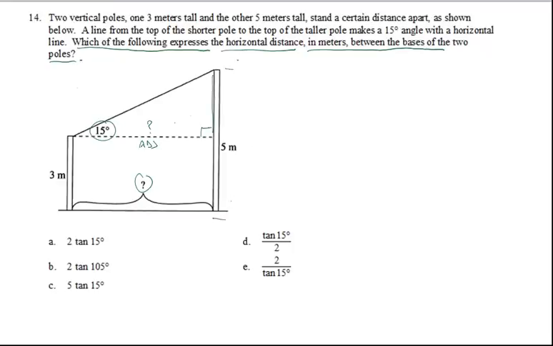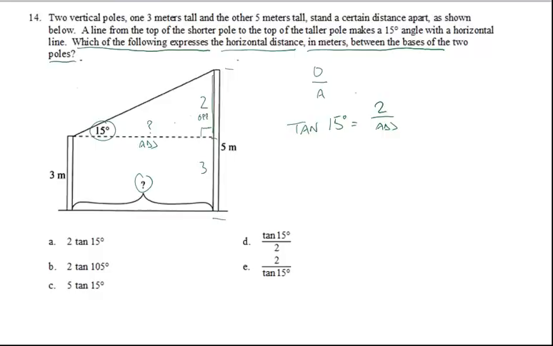The distance from bottom to the adjacent side of this part of the triangle is 3, which leaves us only 2 left over for that part of the triangle. So we want the adjacent, we have the opposite side of 15 degrees. Which function involves opposite and adjacent? Tangent, of course. So the tangent of 15 degrees must equal 2 over the adjacent side.